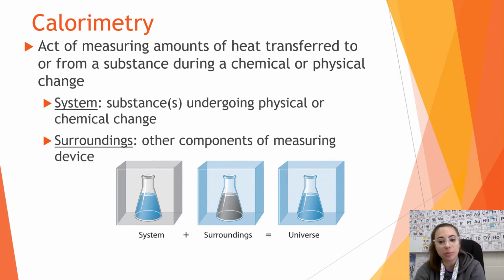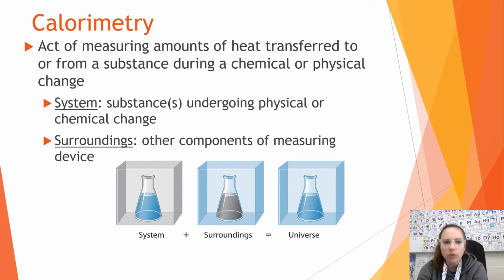Okay, and so calorimetry is a way that we can measure heat, or really calculate heat from measurements, because we cannot measure heat directly. We don't have a heatometer, right? But we can measure temperature change, and we can calculate the heat.